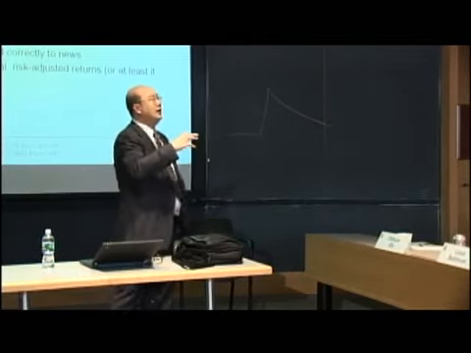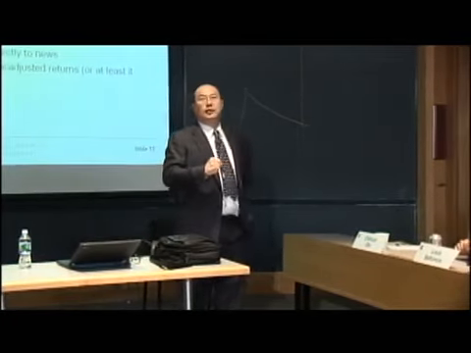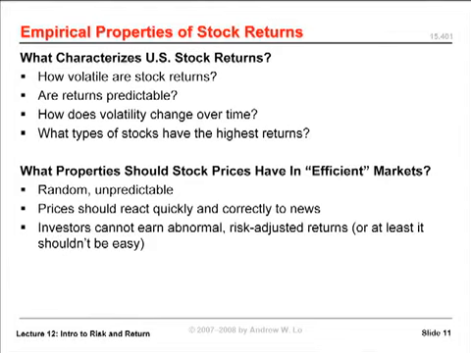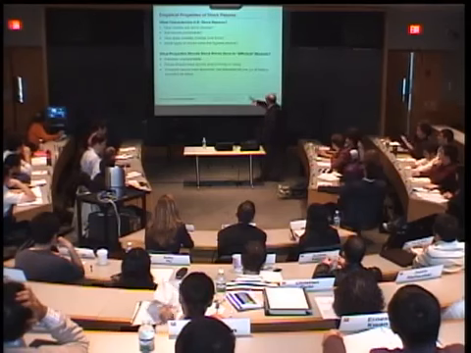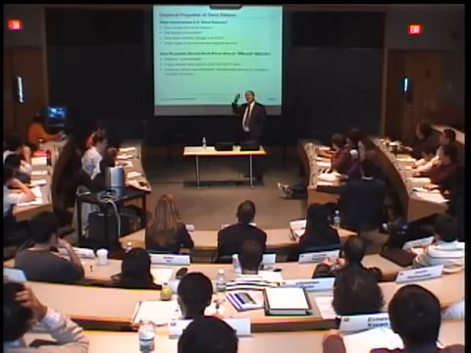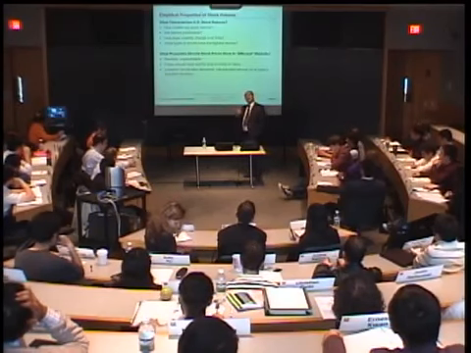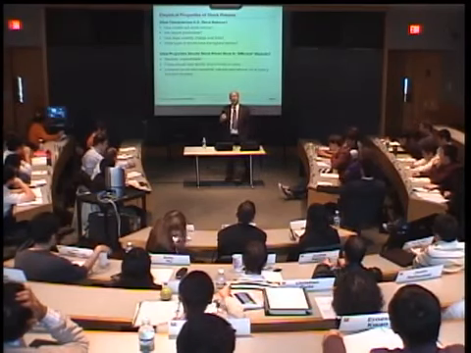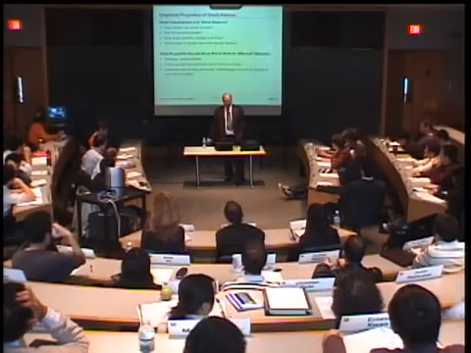Before I do that, let me ask you to think about the following question: if you were designing a market for stocks, what properties would you want that market to have? I'm going to argue that there are a few properties that all of us can recognize as being good properties for stock prices.